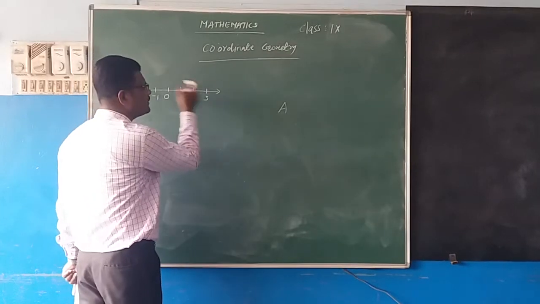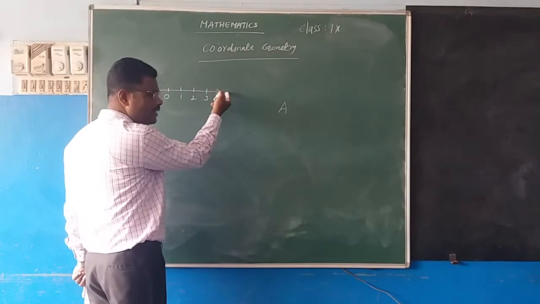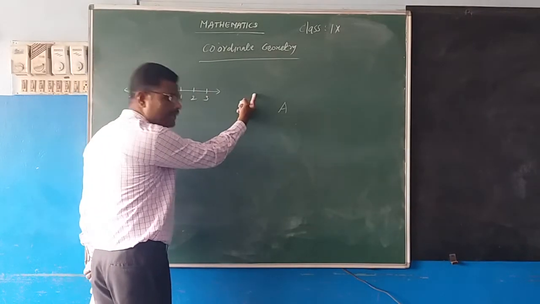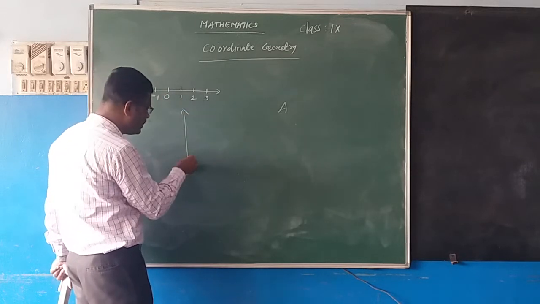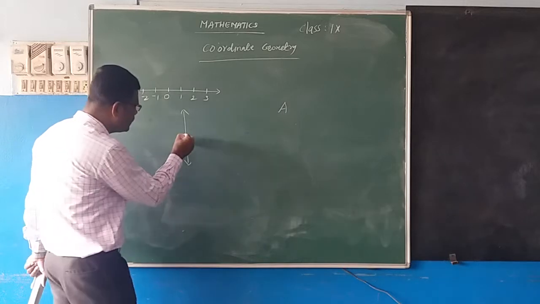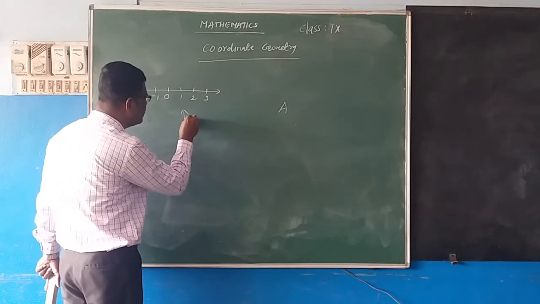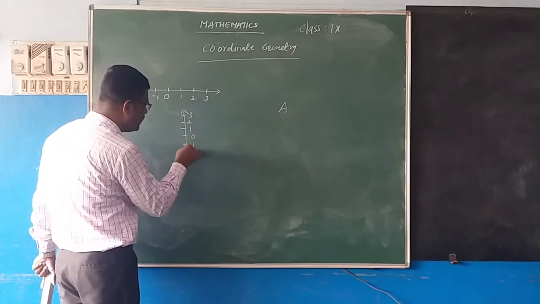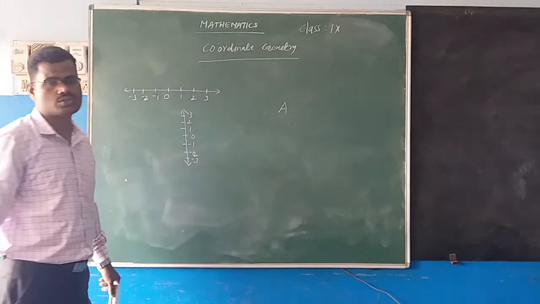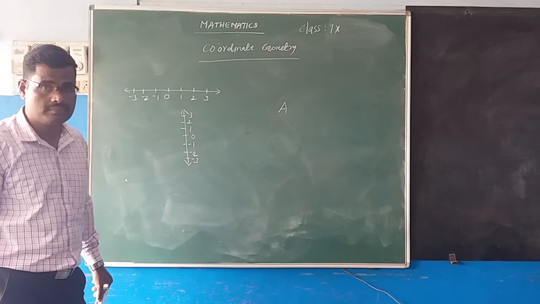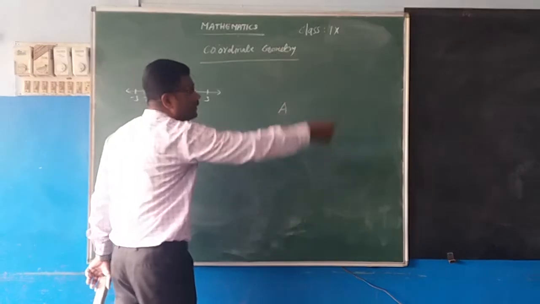So this is called a number line, or a horizontal line. Can you draw the same figure vertically? Yes. So this is 0, this is 1, 2, 3, minus 1, minus 2, minus 3, like this it continues. Clear?